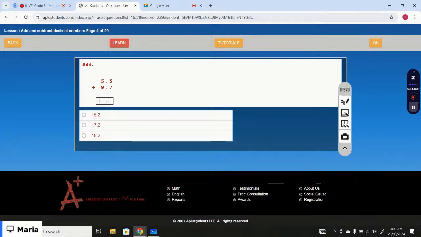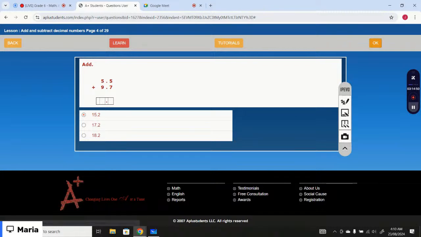Okay, the next one is 5.5 plus 9.7. Which is the correct option? The correct option is 15.2.